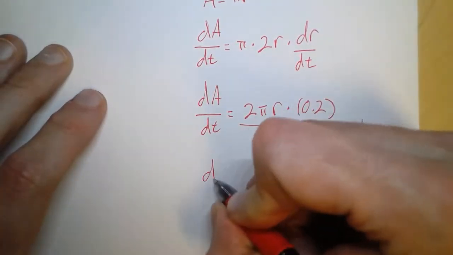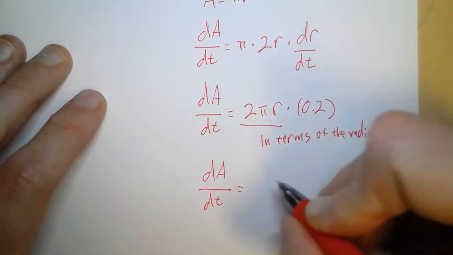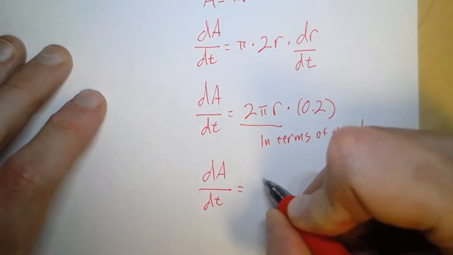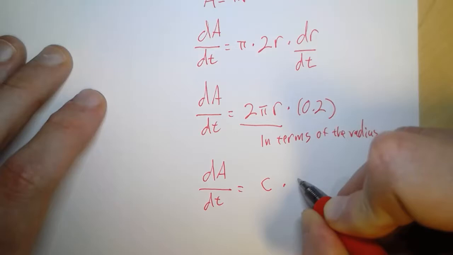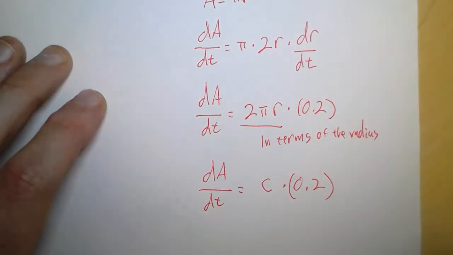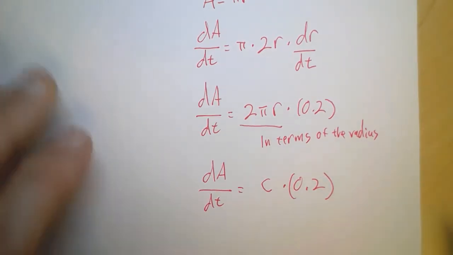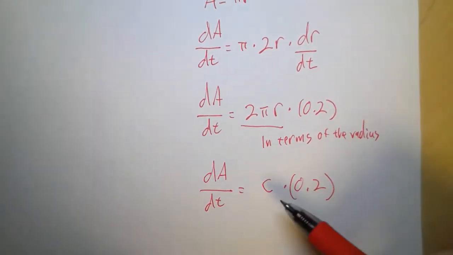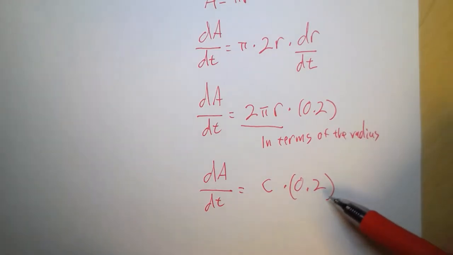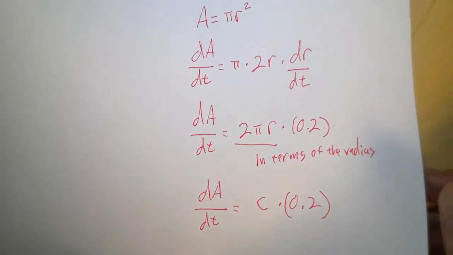So we can just take out this whole expression and replace it with C, the circumference, times 0.2. And so there is the change in area in relation to the circumference. Whatever the circumference is, you just multiply it by 0.2, and that is how fast the area is changing.